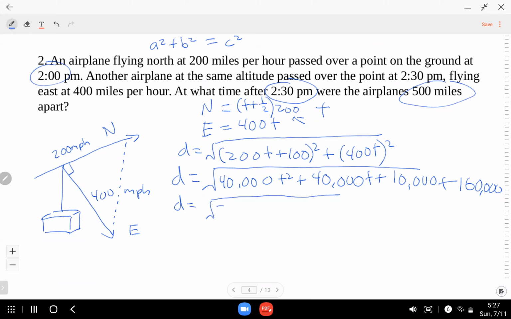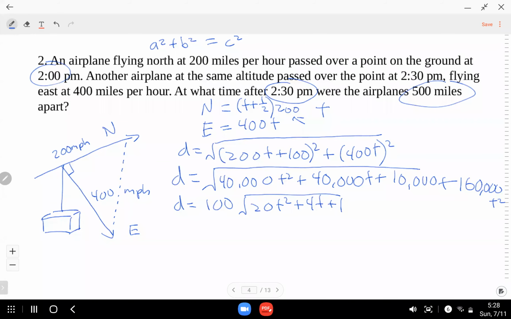I'm just going to save you the trouble and tell you the answer here. It's going to be 100 times the square root of 20t squared plus 4t plus 1. After you add these together, you combine like terms.